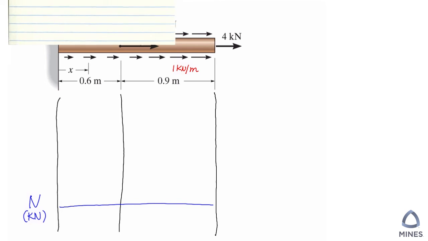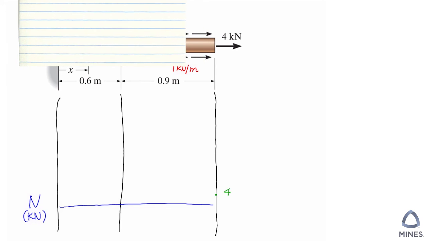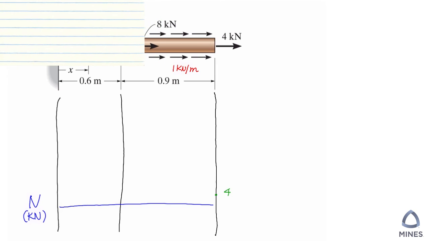If we cut at zero length, the internal force will be a tension of 4 kilonewton. If you keep moving the cut, more and more axial load will be involved, and it's all in the tension direction, so the internal axial load will increase. If we multiply by 0.9 meter, eventually we are going to have 4.9 kilonewton.